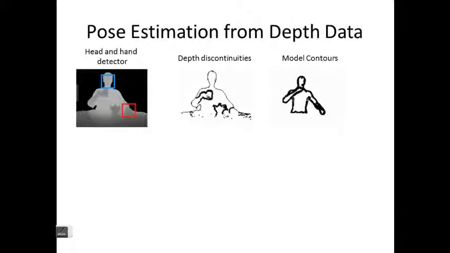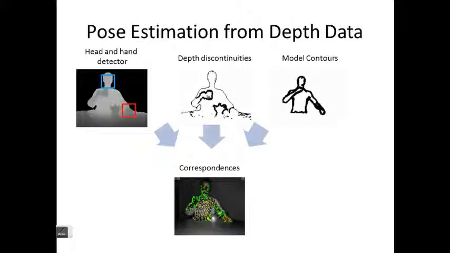So that's the first image you see on the left. They also look at all the depth discontinuities of the image, which is the image in the middle. And finally, they look at model contours, which is on the right. So using all of these, they can get a set of correspondences.